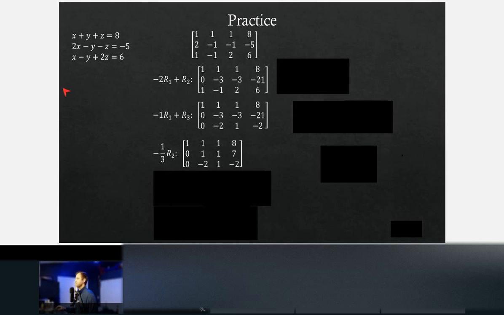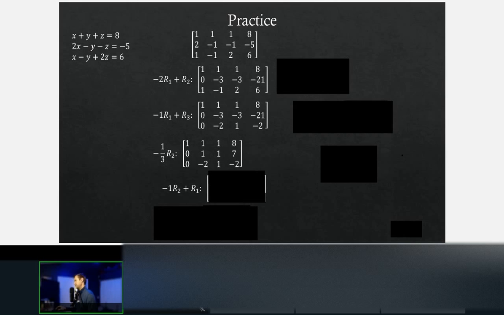You agree? Okay. Yeah, and that's what I did too. Negative row 2 plus row 1. All right, so everyone quickly do that. Once you finish it, what did you get for your row 1 elements?